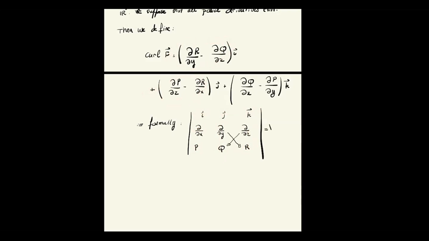This is the notation we use: we take the formal cross product of the gradient vector with F. So we use the notation curl of F.